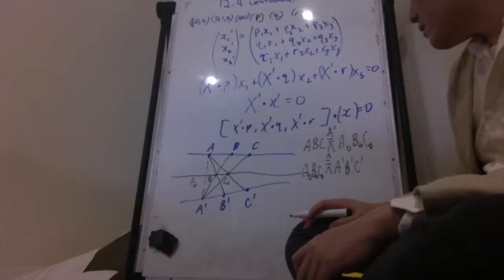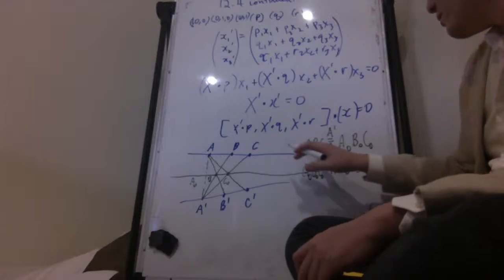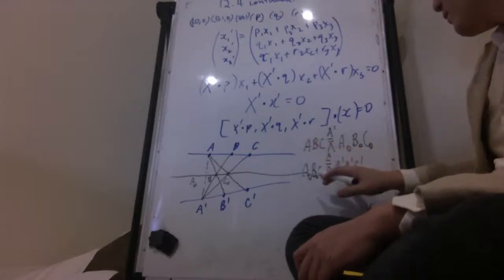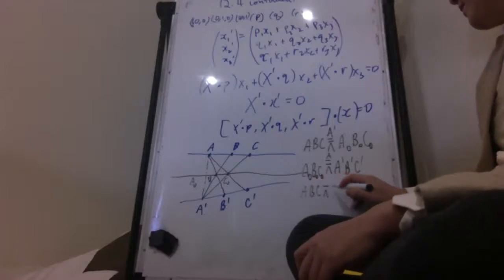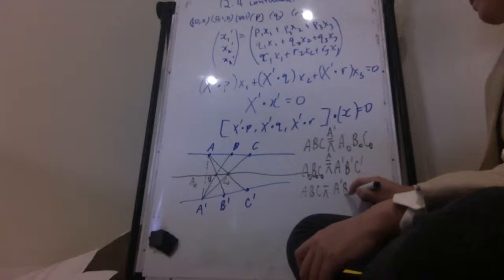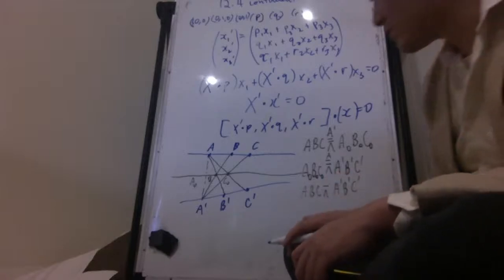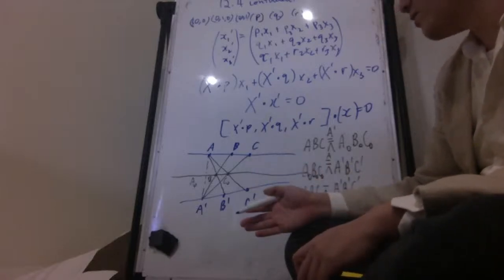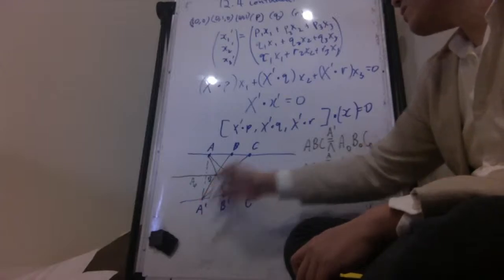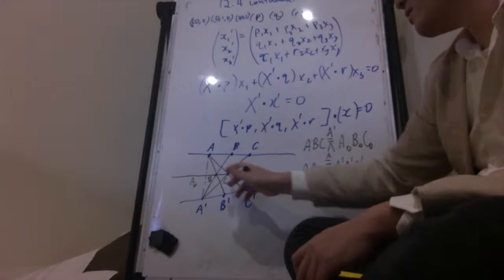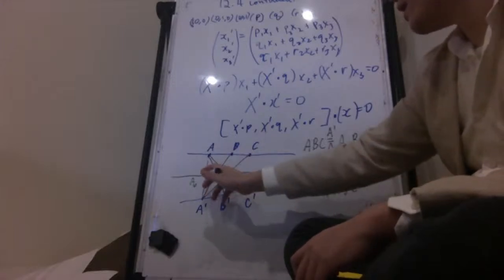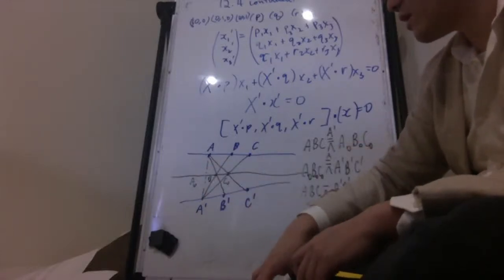And if you compose them, that will give you a projectivity from A, B, C to A prime, B prime, C prime. You can do this basically with just incidence, right? You intersect those two things to define B0, intersect those things to get C0, join the line, and define A0 to be the intersection of that line with the A line.